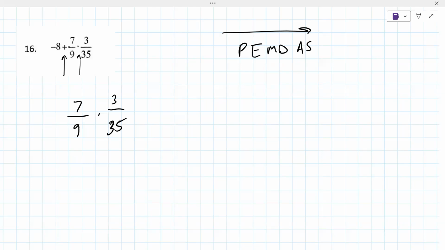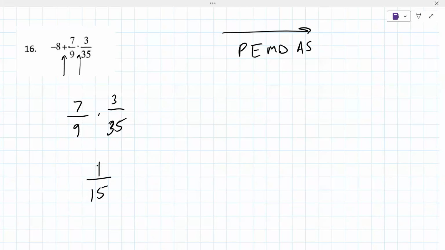So then that would be 1/15. Okay, so you got 1/15 hopefully.